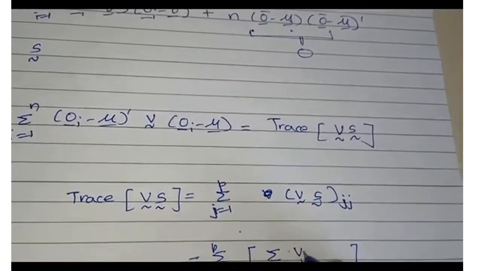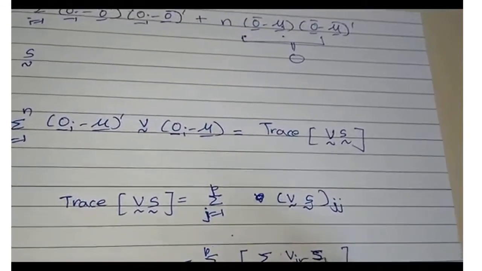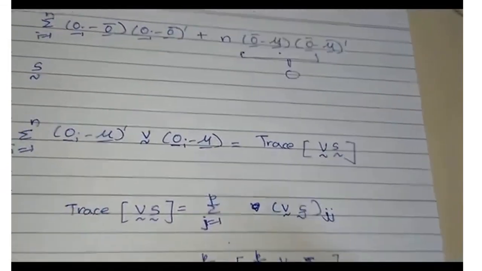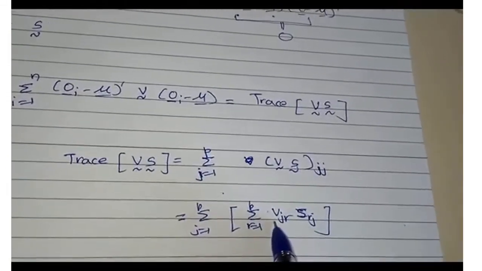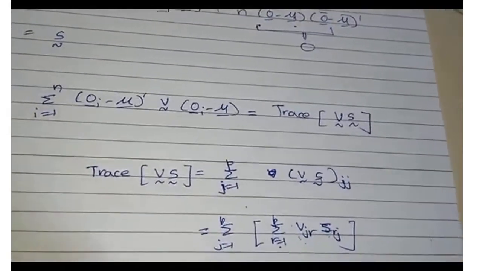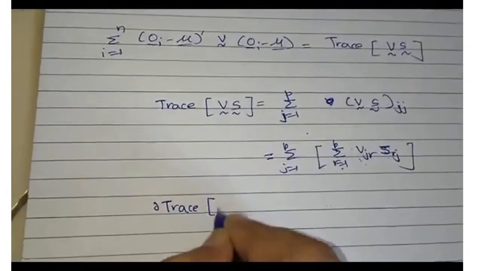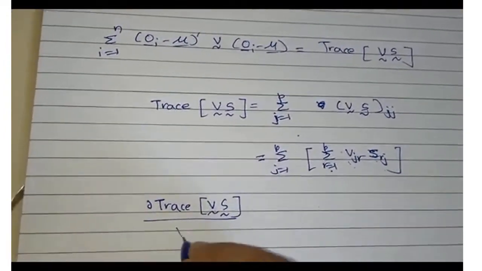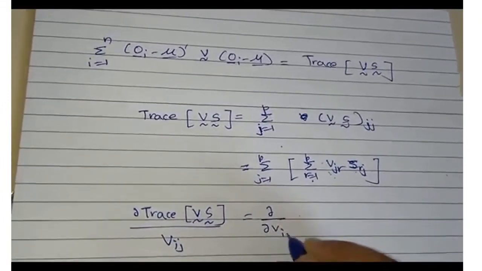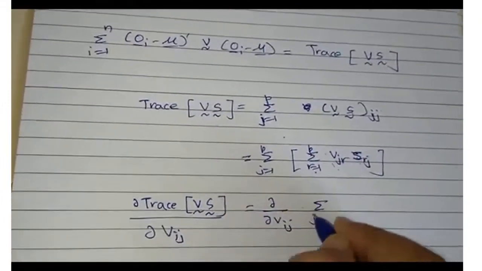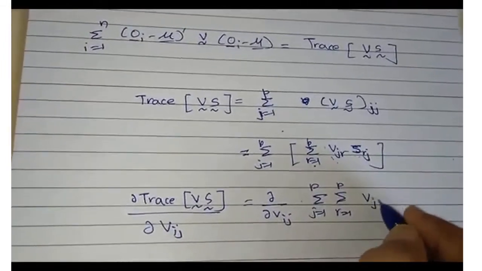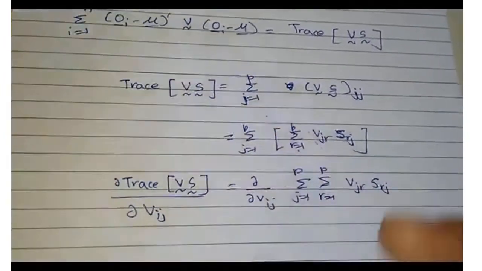The jjth element can be written as V_jr S_rj, where r goes from 1 to p. And now I have to differentiate this with respect to vij. So I have the derivative of the sum over j going from 1 to p, sum over r going from 1 to p, of V_jr S_rj.